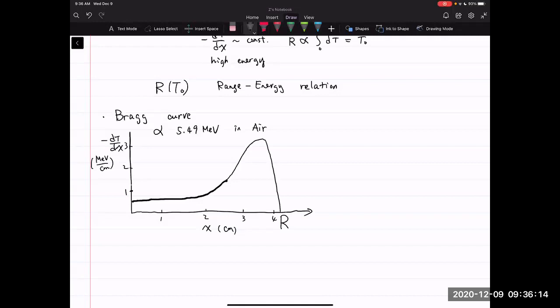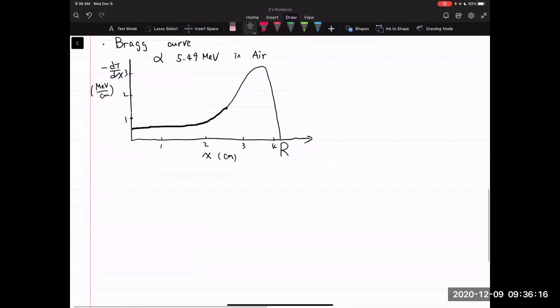Okay, so another way to plot this figure would be if you plot the intensity of the charged particle as a function of the depth.